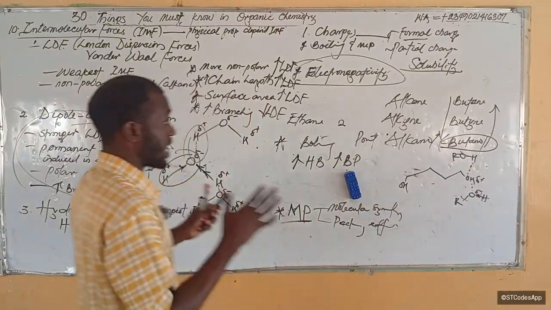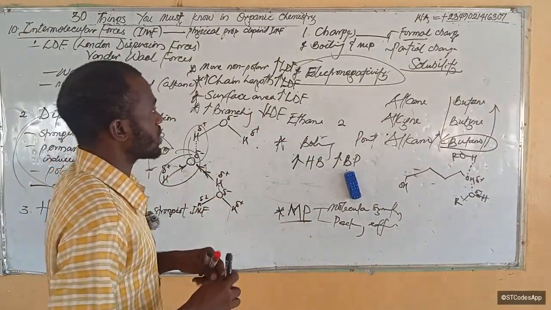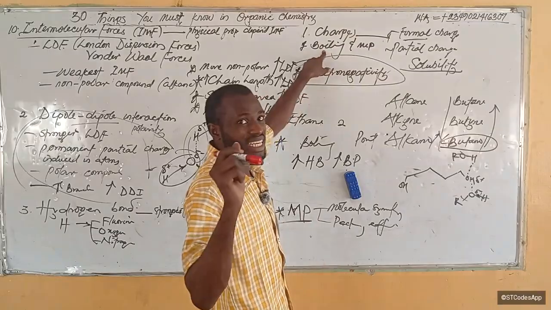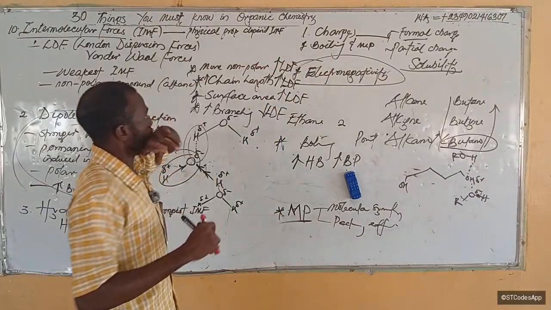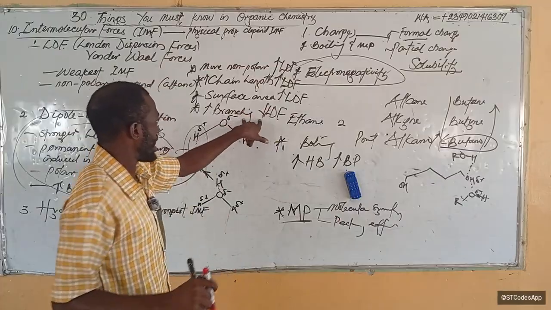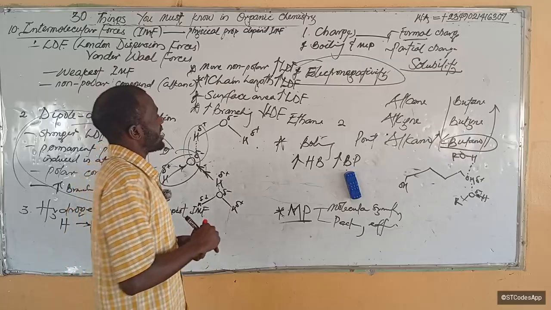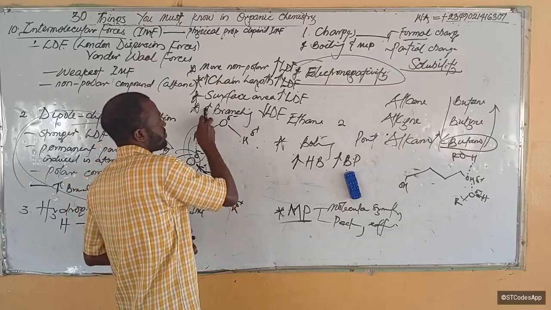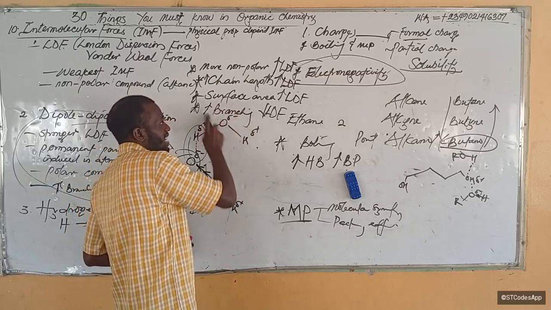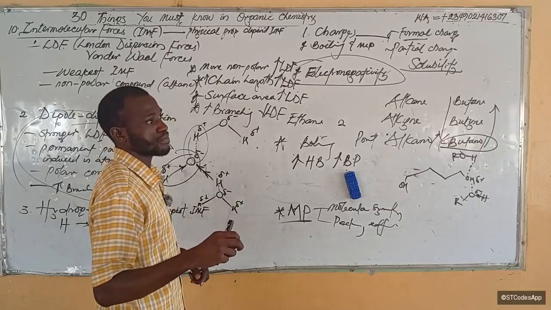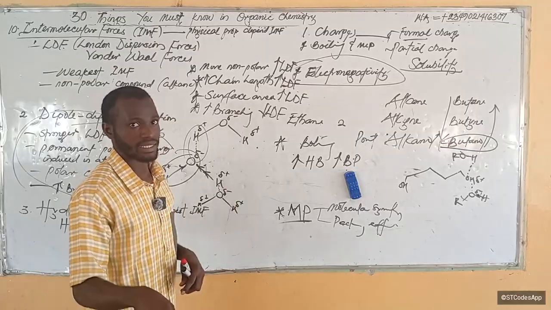Okay, I mean they are associated rather. So now keep in mind also that the boiling point, when I talked about branching, I said the higher the branching, the lower the LDF. But the higher the branching, the lower the boiling point.